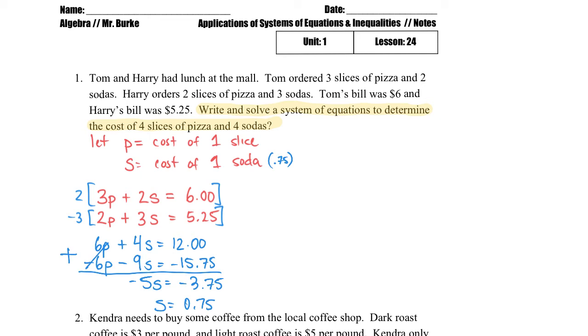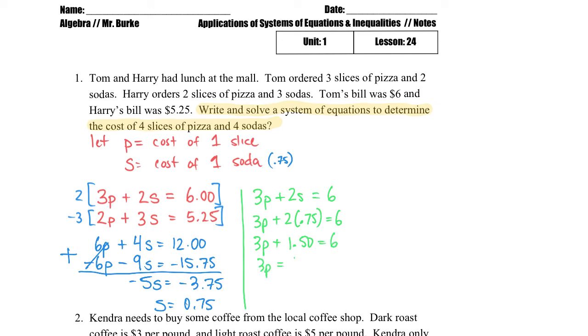Okay, so now I need to solve for the second variable, which is my slice of pizza. So I've got 3P plus 2S equals 6. I don't know what P is, but I do know that S is 75 cents. So this is 3P plus $1.50 equals 6.